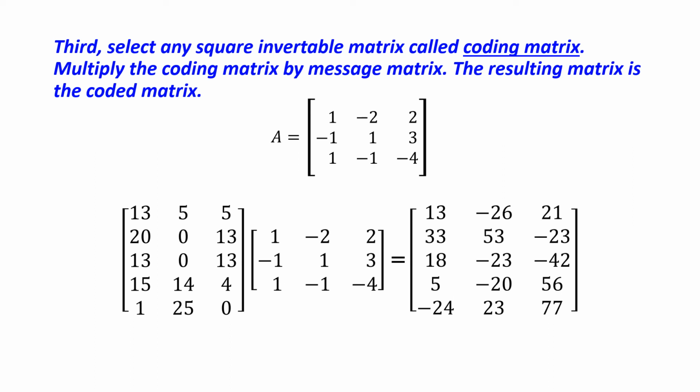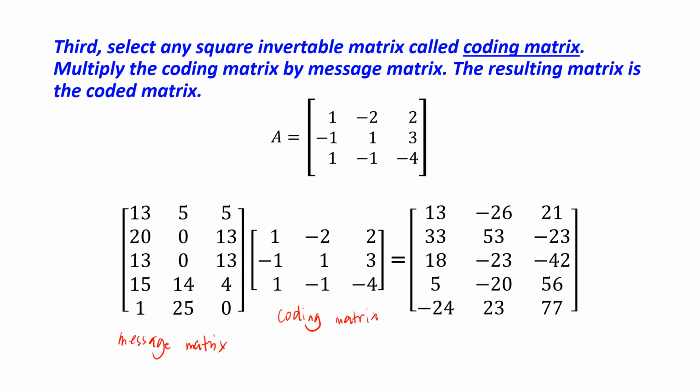But as you can see, the message matrix is written first before the coding matrix. We cannot interchange the order of these matrices because matrix multiplication is not commutative in its nature.